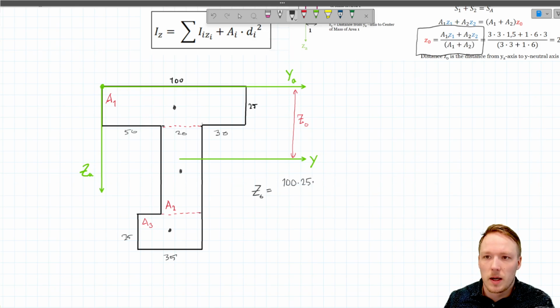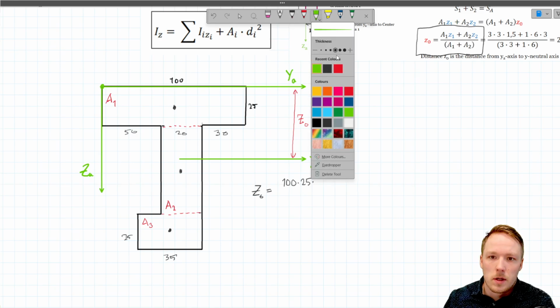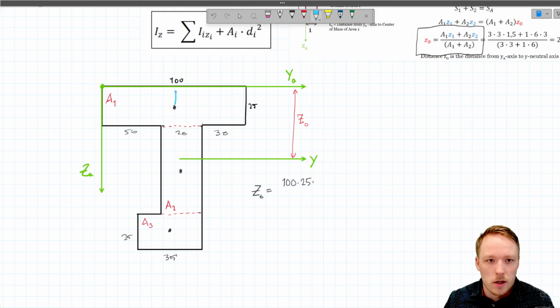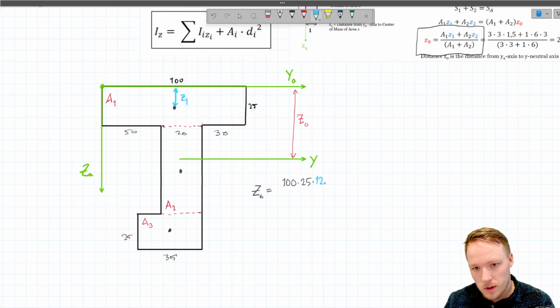Then we multiply that with the value Z1. And what is now Z1? Z1 is the distance from the centroid of area 1 to the additional y-axis. In this case the distance will be 25 divided by 2, which is 12.5.